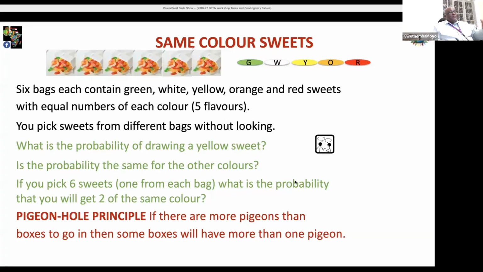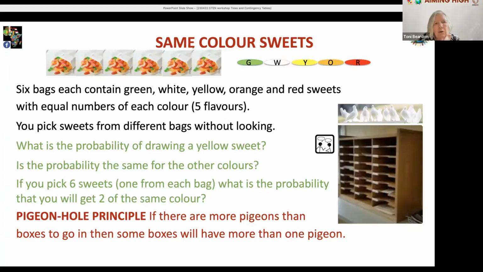How would you answer a problem like this? What's the probability of drawing a yellow sweet? There are 5 different colors. Is the probability the same for the other colors? Yes or no? And if you pick 6 sweets, 1 from each bag, what's the probability that you'll get 2 of the same color?